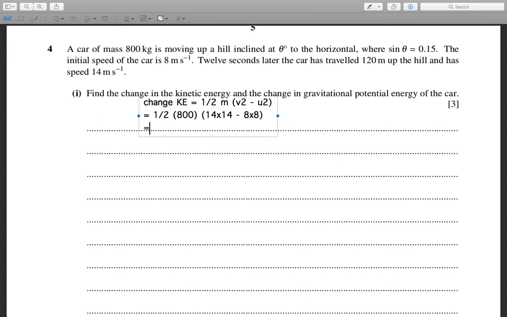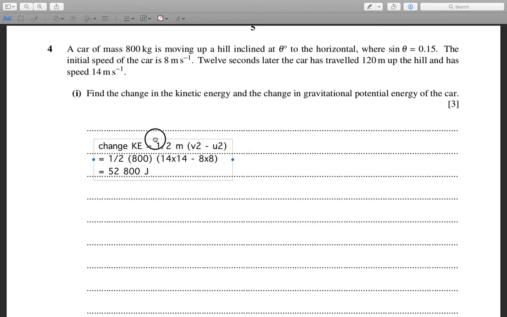So I will use the calculator first. 14 times 14 minus 64, times 400, is 52800 joule. Okay, this is the change of kinetic energy.